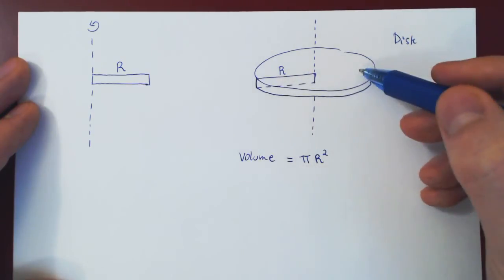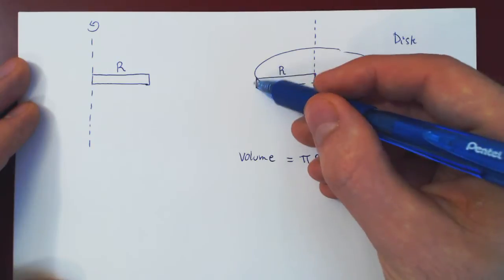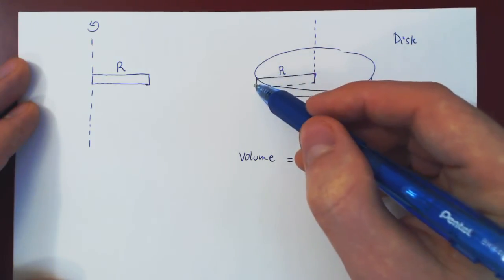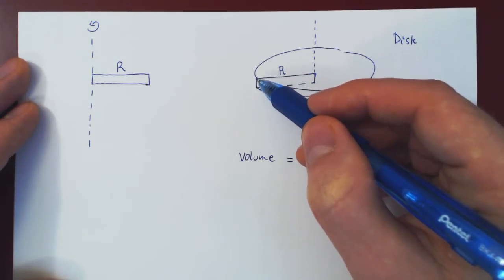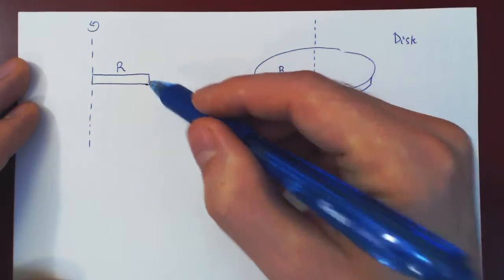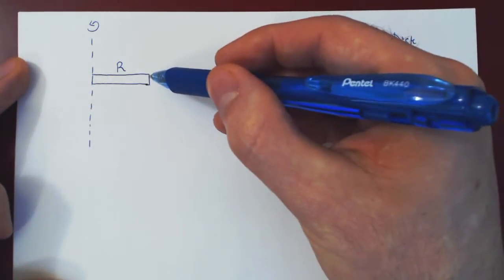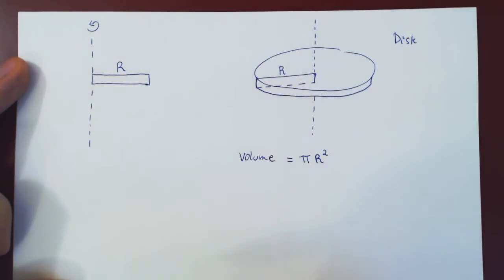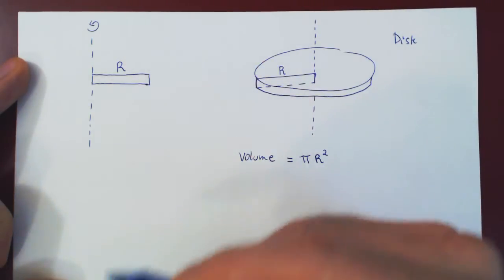But that's just the area. To get the volume, you must do the area times the height, or the thickness of your disk. But you can again clearly see the height of your disk, or the thickness, is simply the width of the rectangle. And if you think that you are in the xy plane, the width of the rectangle is a small change along the y-axis, and in our application we will consider infinitesimal rectangles.